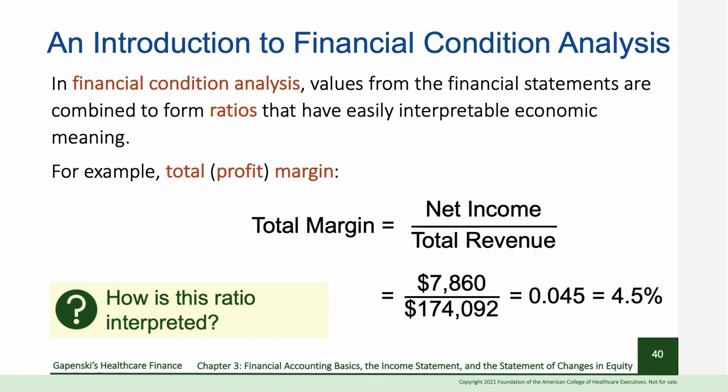Here is a little bit of introduction to financial condition analysis. In financial condition analysis, values from the financial statements are used to make ratios, and those ratios help us interpret the economic meaning or the financial status of the organization. For example, if you want to understand the total profit margin, then we take the net income value and divide it by the total revenue. In the case of Sunnyvale, let's go back for a second here.